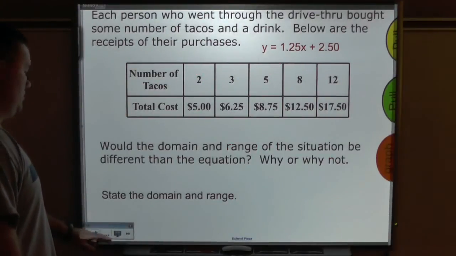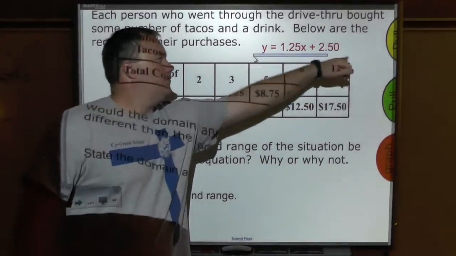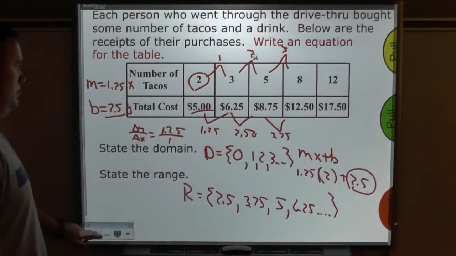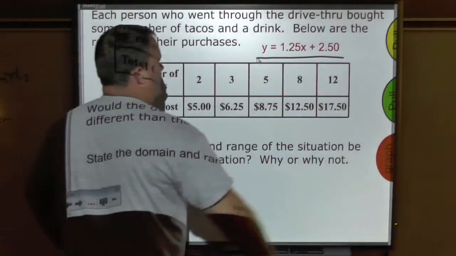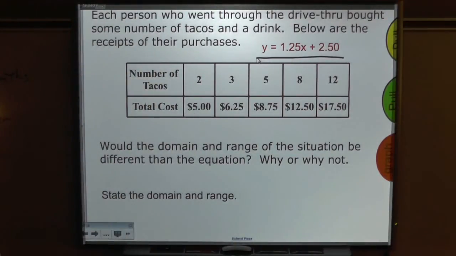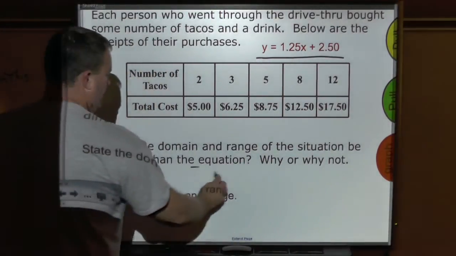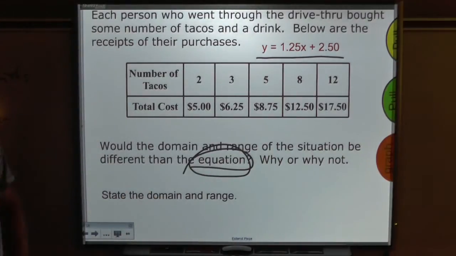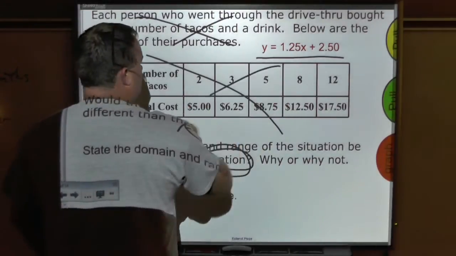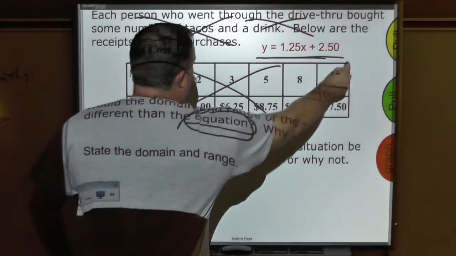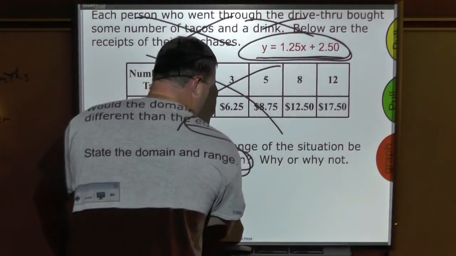Now, the equation again, right up there. Oops, I'm sorry. The equation's right up here. But here's the thing. If I want to know the domain and range for the equation, not for the situation, but for the equation, again, all of this doesn't matter. All that matters is just this.